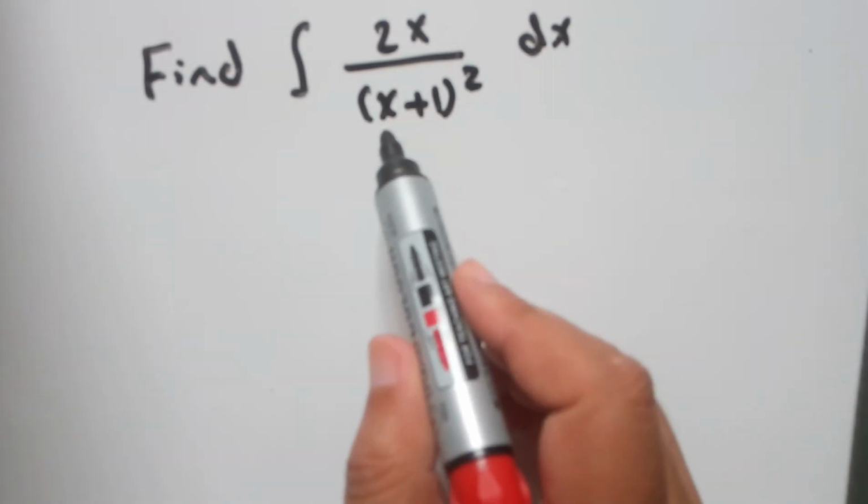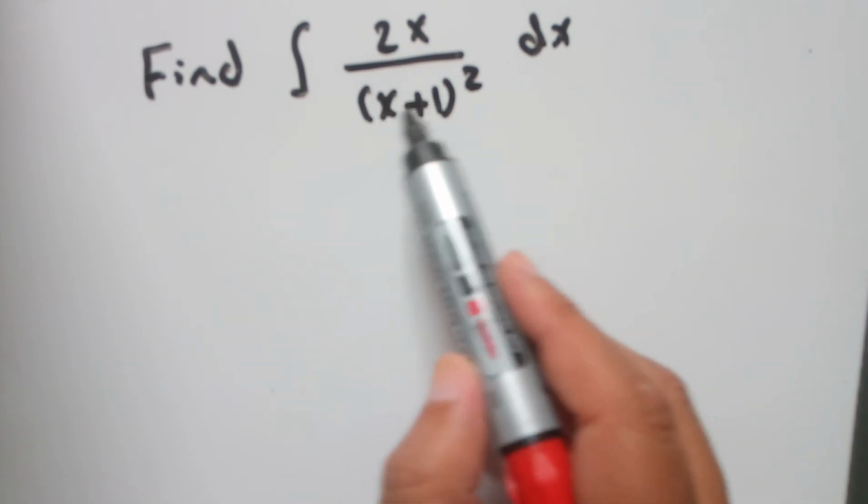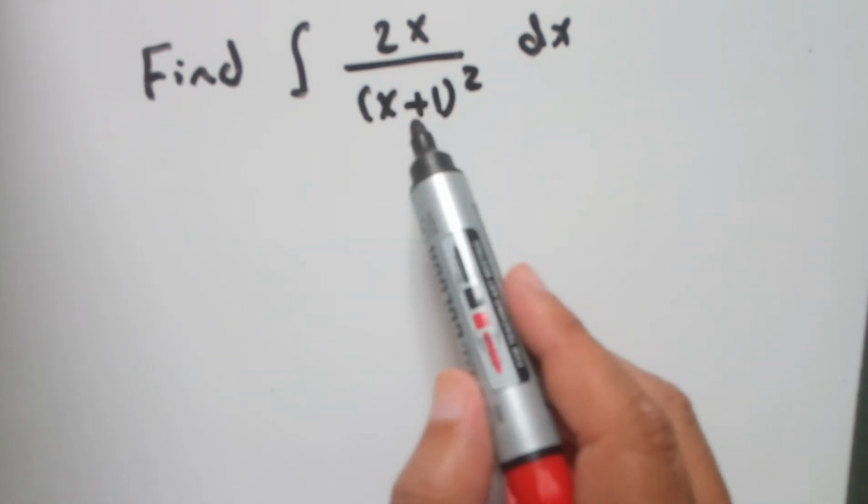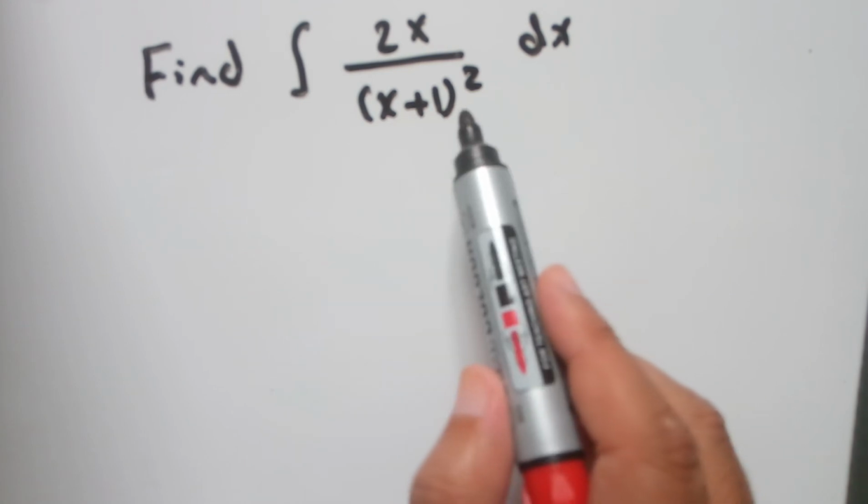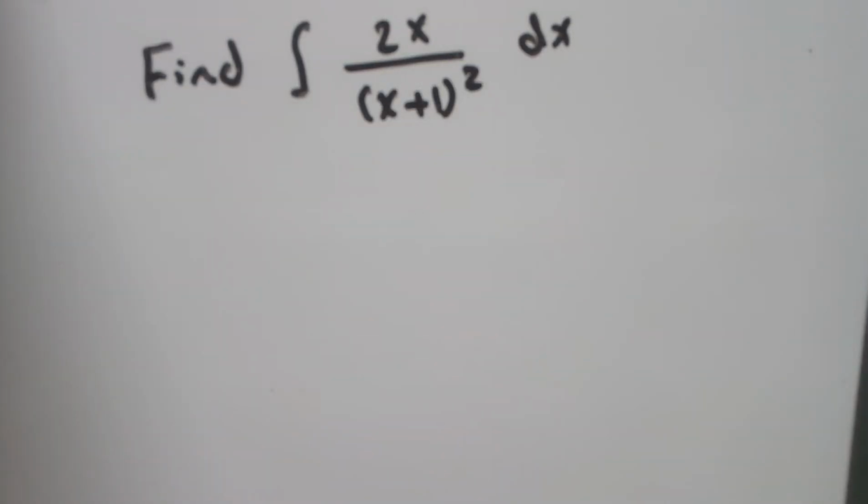Here x plus 1 all squared, if you expand it you will get 3 terms, x squared plus 2x plus 1, and up we have 2x only.